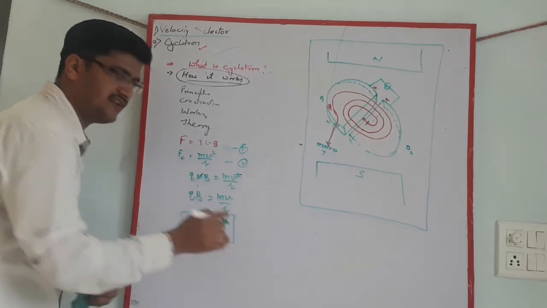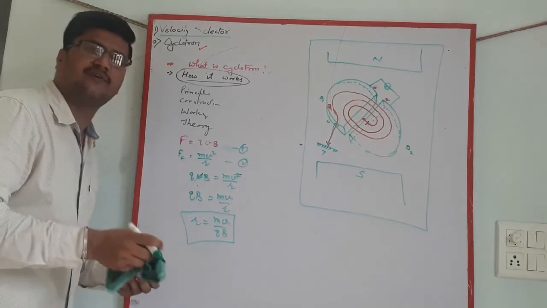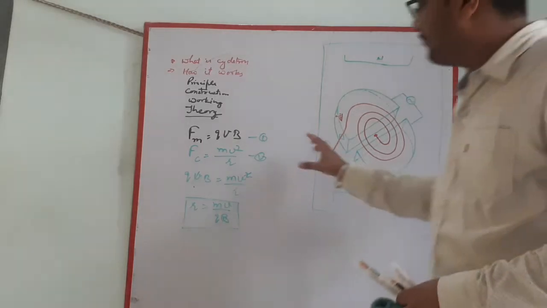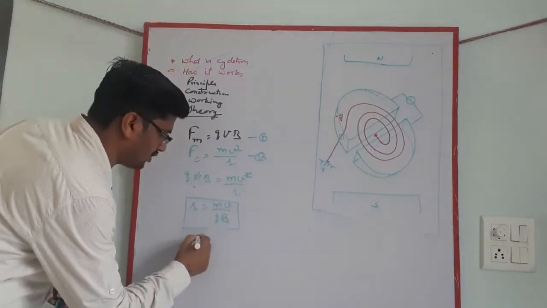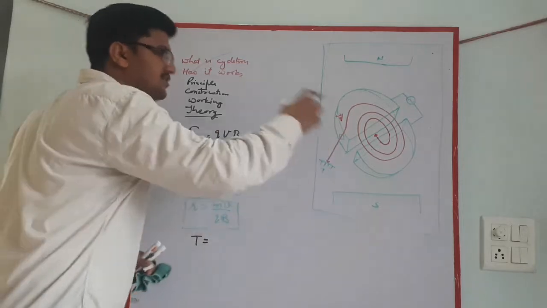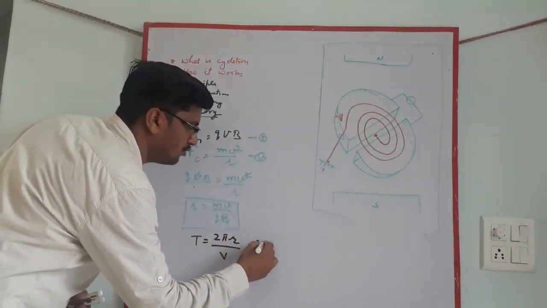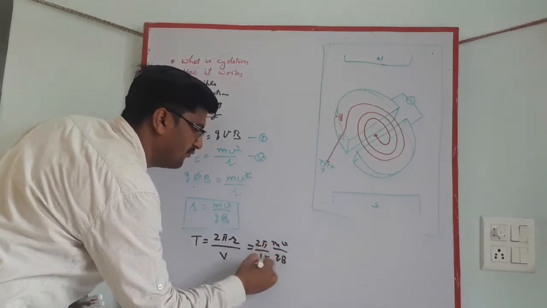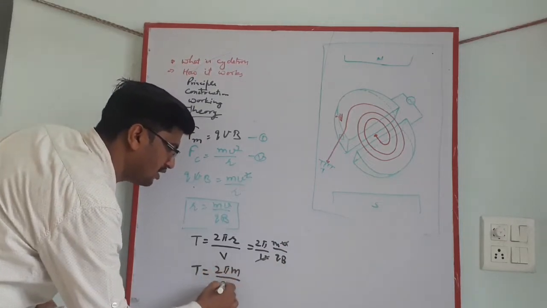Dear friends, this is the same derivation as we have done in the case of motion of a charged particle in a magnetic field. Now, we also know that the time period of revolution T is equal to the total distance upon velocity. Distance in one circle is 2 pi r upon v, that means 2 pi mv upon qB upon v. v cancels out. What we are left with is T equal to 2 pi m upon qB.